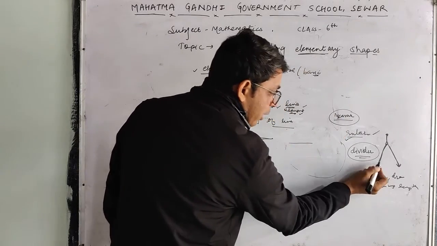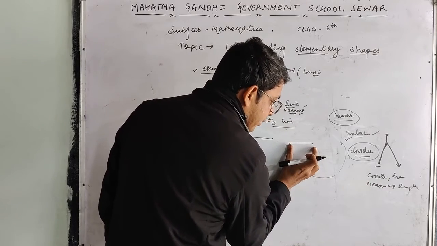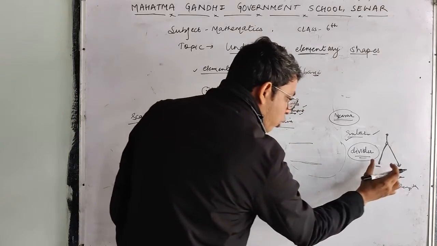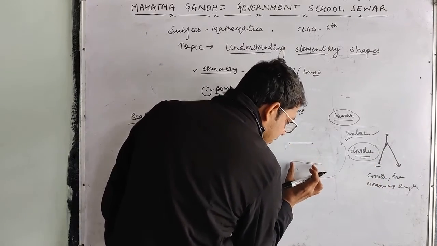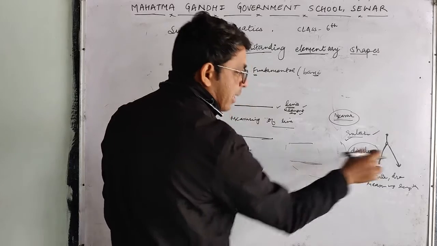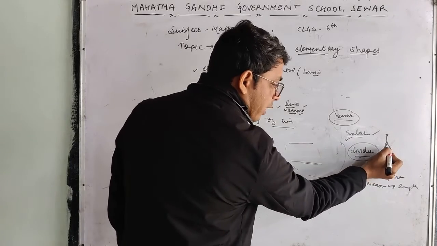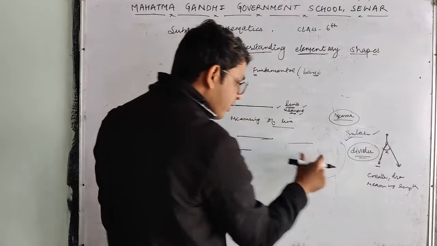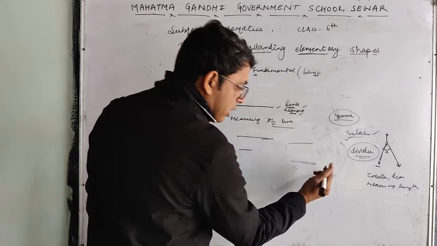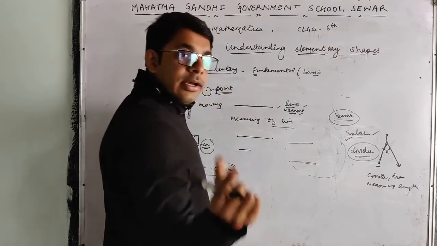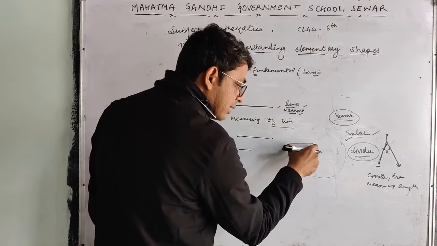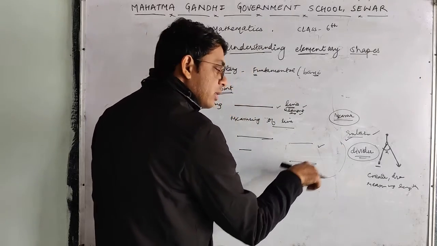I will place one point here and the other here, and I will use the same divider. If the end points are covered by the same opening, this means these two lines are equal.